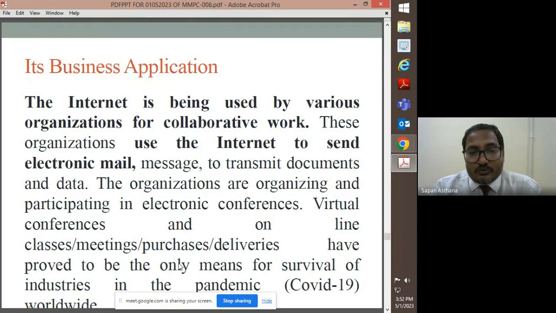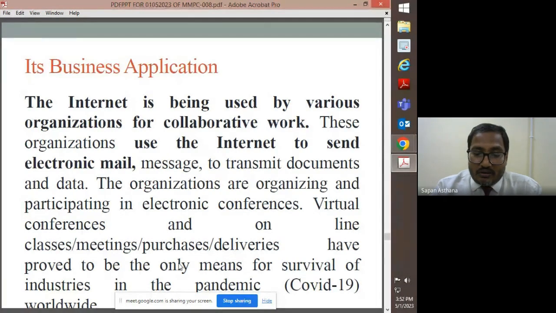These organizations use the internet to send electronic mail, messages, to transmit documents and data. The organizations are organizing and participating in electronic conferences, virtual conferences, and online classes. Meetings, purchases, and deliveries have provided the only means for survival of industry in the pandemic COVID-19 worldwide.